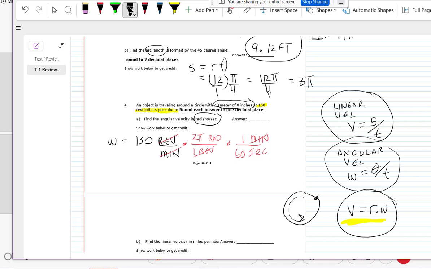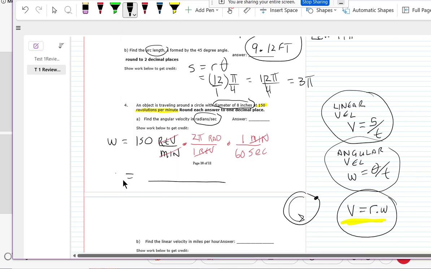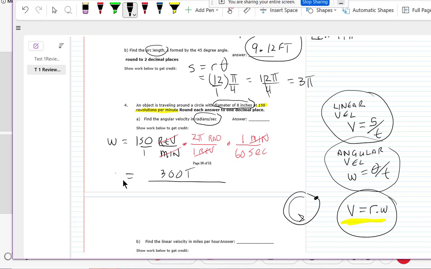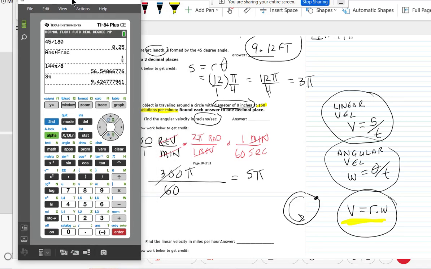So now you just put this all together. You're ready to go to your calculator. I'm going to multiply all this straight across. So I have 150 times 2 is 300, so I have 300 pi. In the denominator I've got 60. 300 divided by 60 is 5. So now all we have to do is 5 pi on my calculator, and that'll give me the answer.